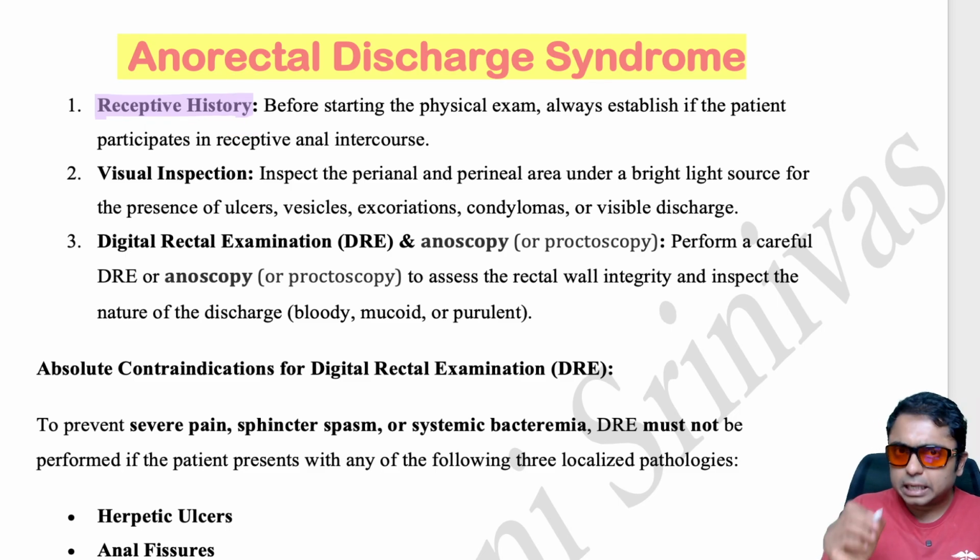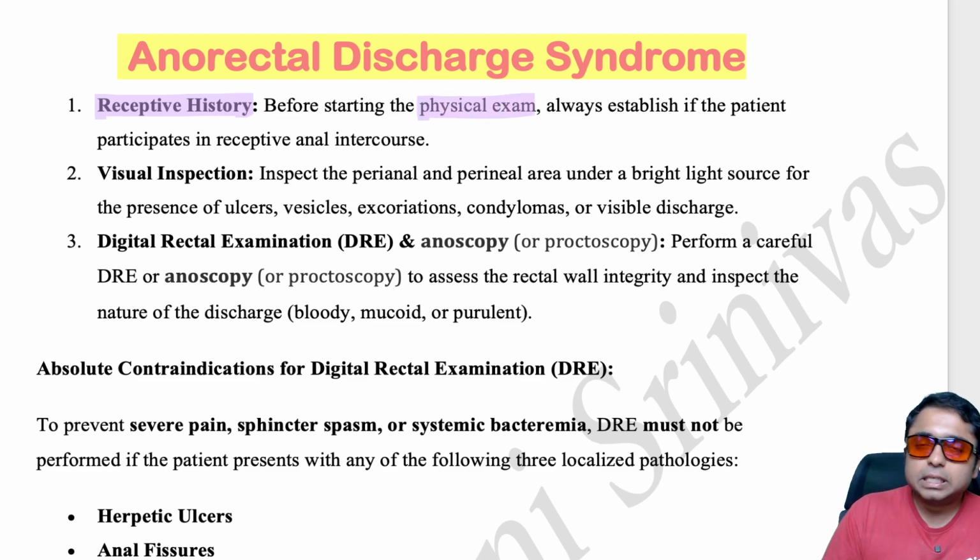That is the reason why we have to know high risk behaviors, what happened before the anorectal discharge started. Everything we should note down before starting the physical examination, and always establish if the patient participates in receptive anal intercourse.